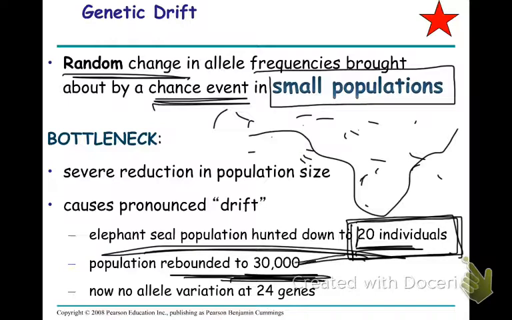Like in 24 genes, there is no allele variation at all. Those are the only kinds you have for those 24 genes, which is sad, because the more variations you have, the more chances for that species to survive under adverse conditions, or for resisting a certain disease or adapting to a certain environment.